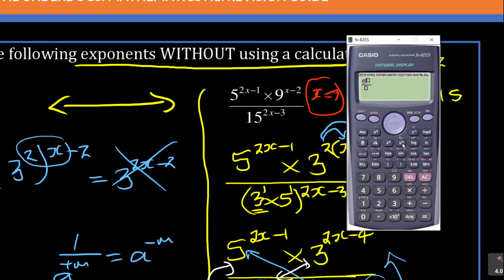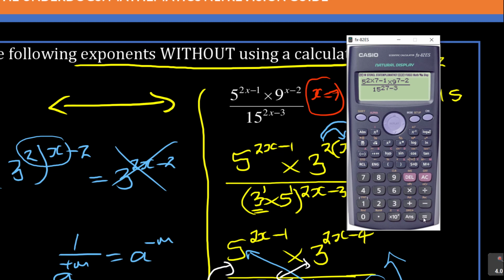So how do I punch that? This is 2 as an exponent times 7 minus 1, since I said let my x be 7. And then it's times 9 again to the exponent of 7 minus 2. And then at the bottom, it's 15 to the exponent of 2 times 7 minus 3.